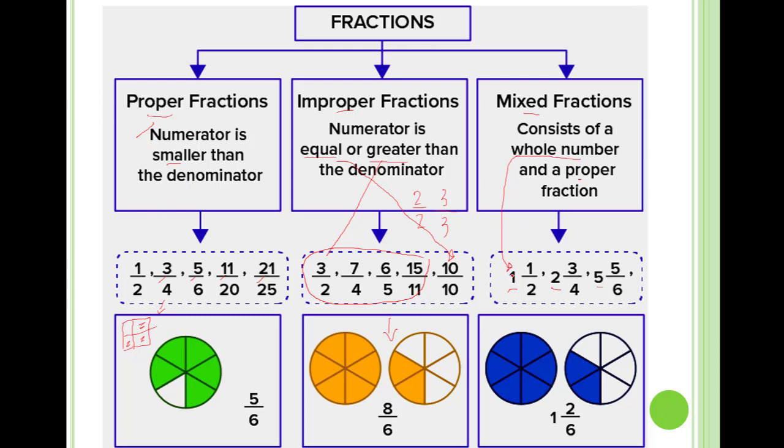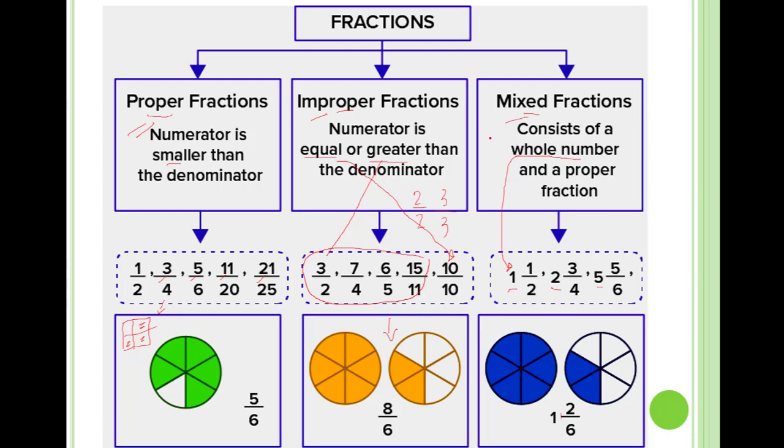So that means a whole number and a proper fraction. So it says 1 and 2 over 6. Let's have an example to be practiced to identify whether it is proper, improper, or mixed fractions.